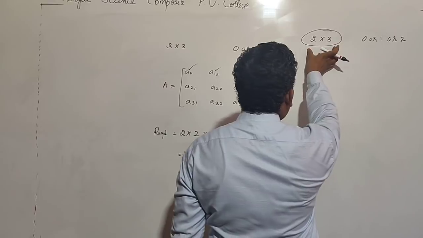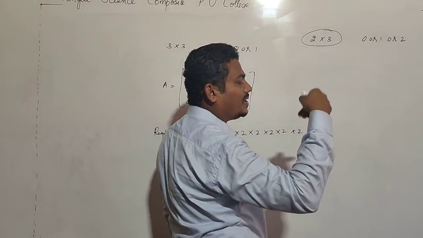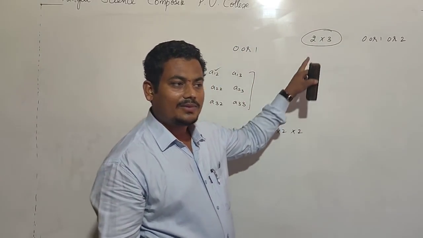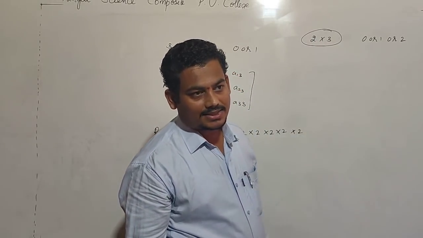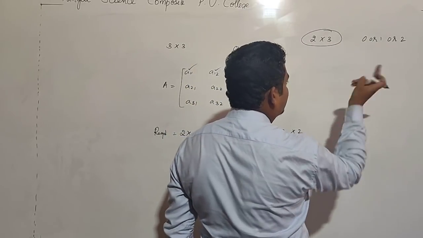For our required matrix of order 2 cross 3, tell me the total number of elements. The total number of elements in our required matrix is clearly 6, because 2 into 3 is 6.